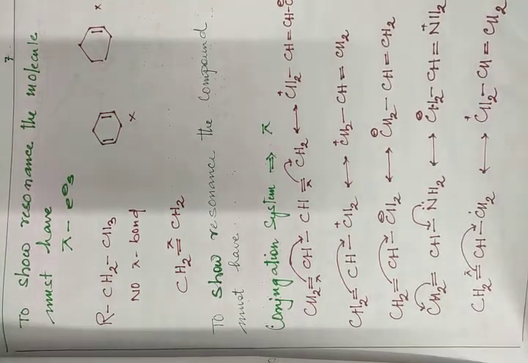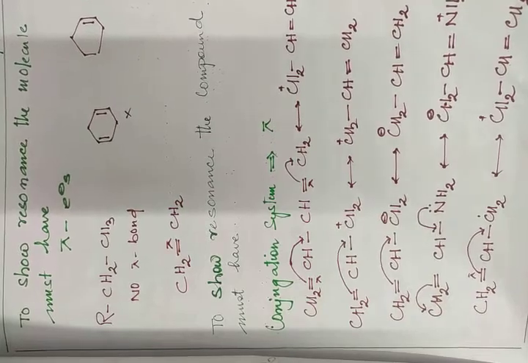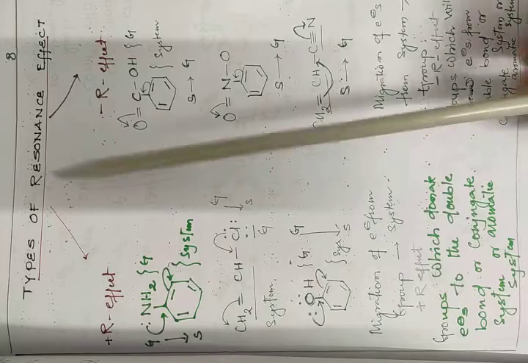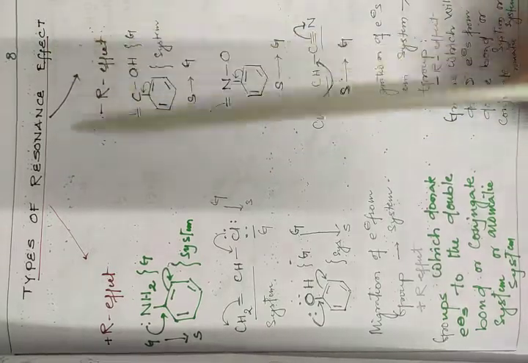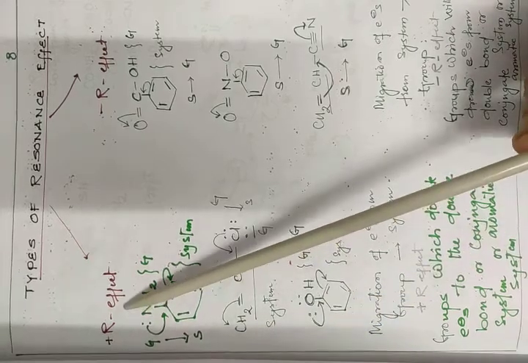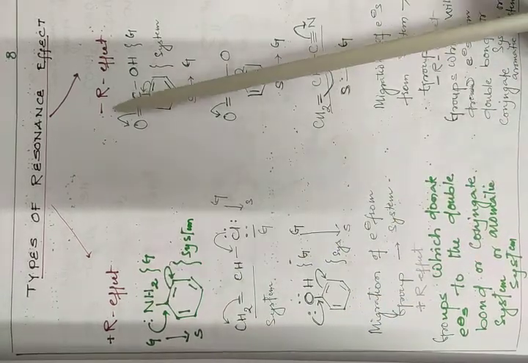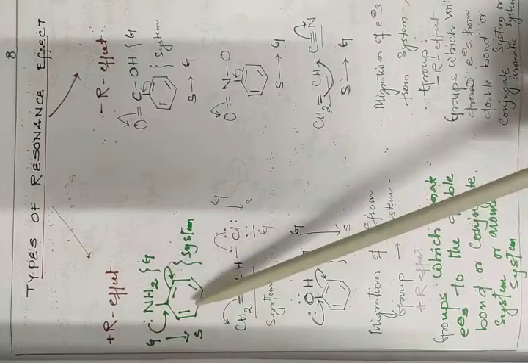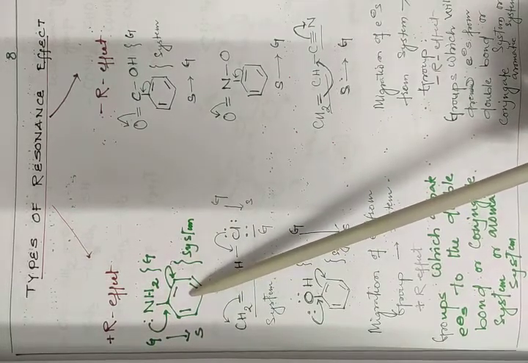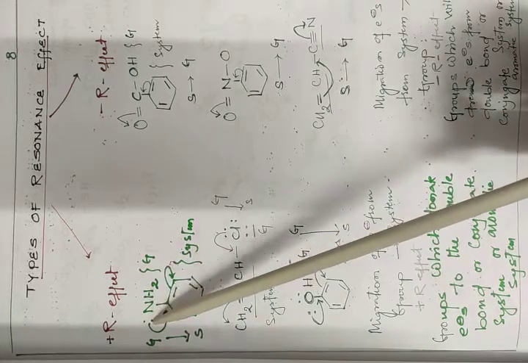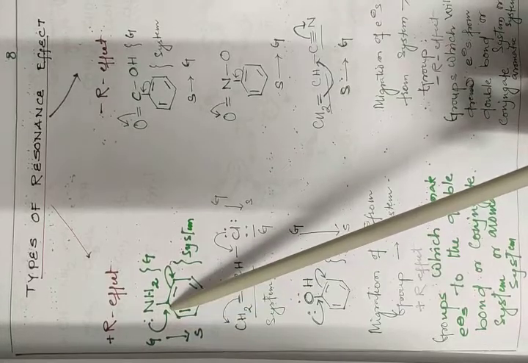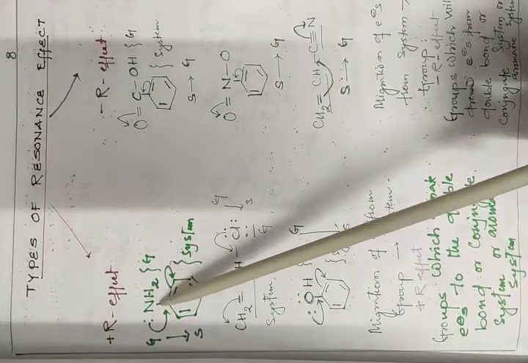So these are the examples of resonance which have a conjugation system. Now there are two types of resonance, like before with the inductive effect: plus R effect and minus R effect. Now this is the aniline structure. Here a lone pair is there, and it will be given to here in this bond, between carbon and nitrogen.